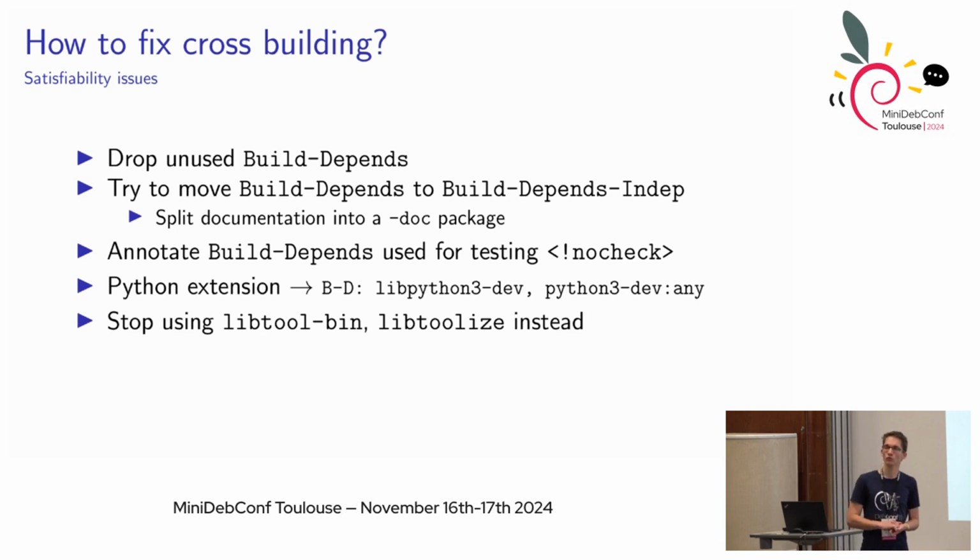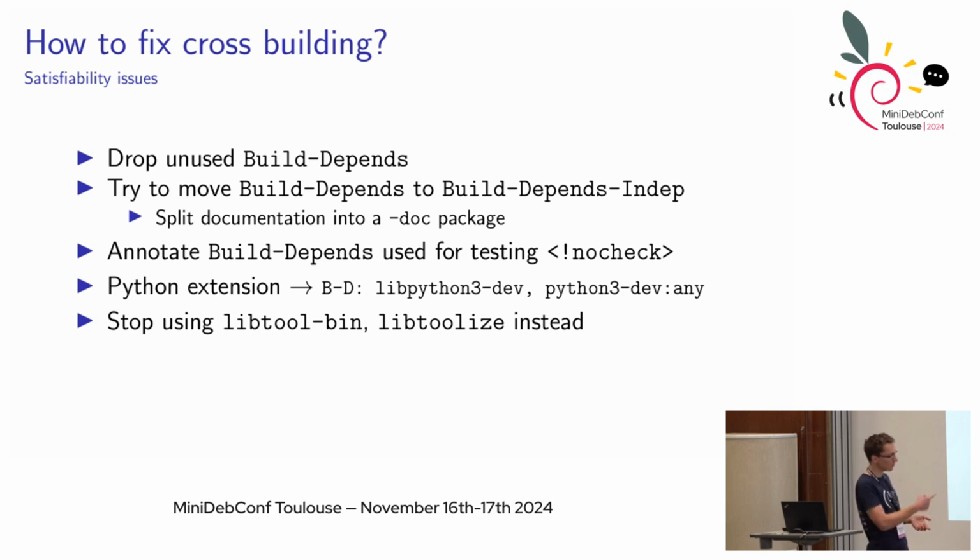libtool-bin is a long-running story. I think we discussed that almost 10 years ago in Paris, where libtool was split into libtool and libtool-bin. Few packages still use libtool-bin, because the common way is to have configure generating your libtool, which is when you don't need libtool-bin, because you're generating a correct one at build time.